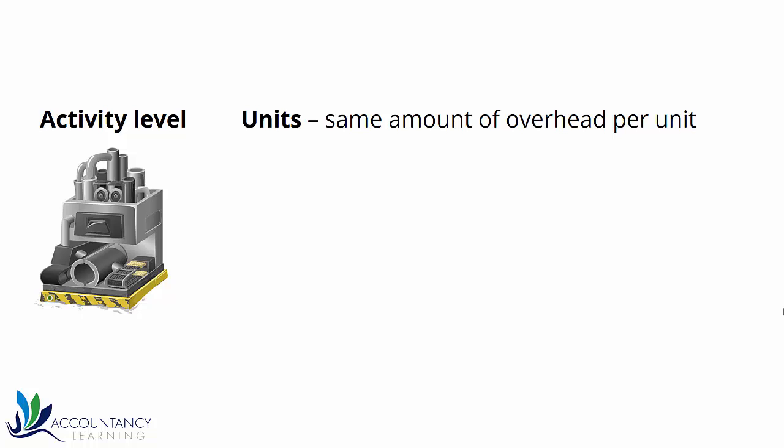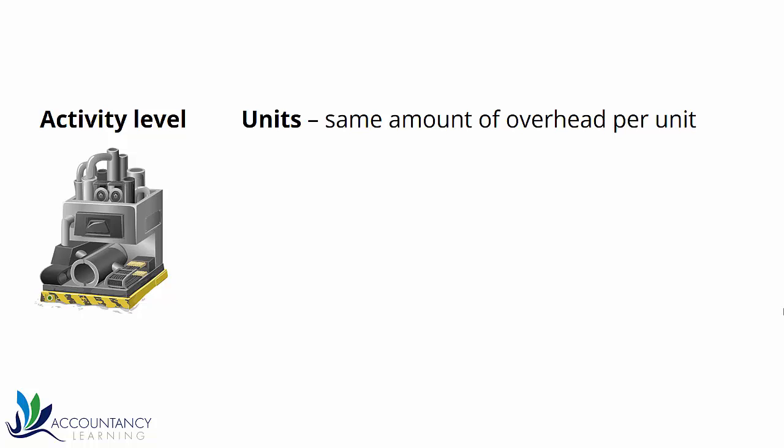Let's suppose that we have different types of production. Perhaps we have different products. It could be that one product takes half an hour to make in the machine, but another product may take only 10 minutes to make in the machine. So would it be appropriate to include the same amount of rent expense for both of these when one of them takes 3 times as long to be made as the other?